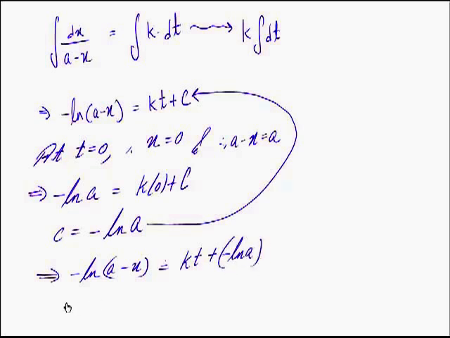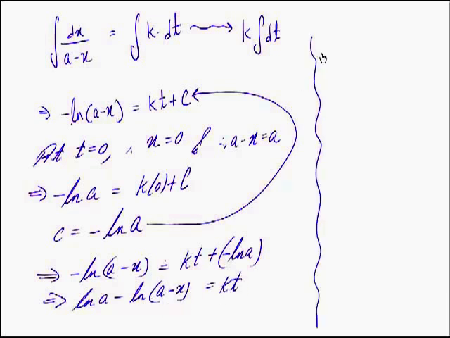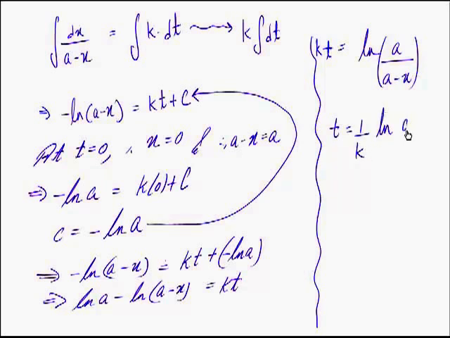minus ln a equal to k into t. So if I rearrange this equation, I can bring both the log terms on one side and we'll have minus ln a minus x plus ln a is equal to k into t. On further simplification, we can write this as k into t equal to ln a upon a minus x, and therefore finally we can write this as t equal to 1 upon k ln a upon a minus x.